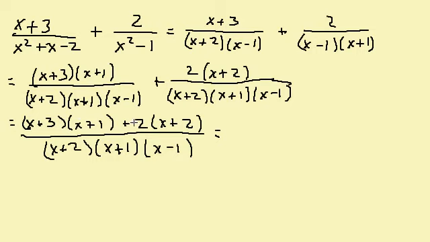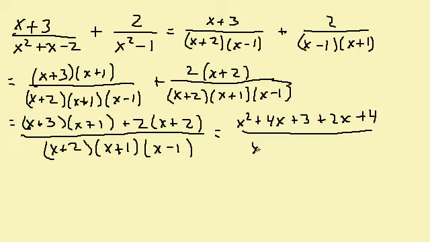Now let's simplify the numerator. So I'm going to FOIL this out, and then I'm going to distribute the 2. So I get x squared plus 4x plus 3 plus 2x plus 4 all over x plus 2, x plus 1, x minus 1.